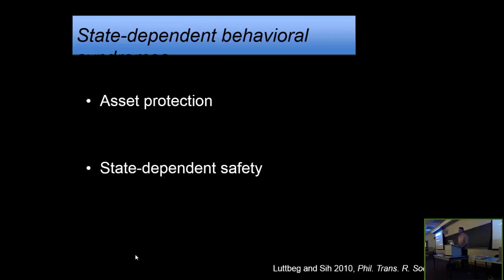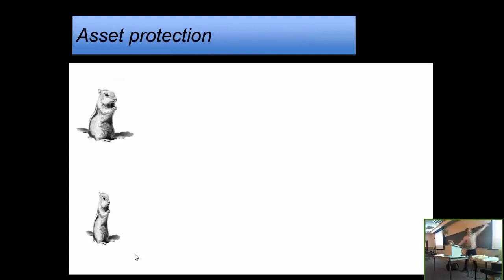And in looking at the impact of condition on behavior, there are two primary classes of hypotheses, asset protection and state-dependent safety. The idea behind asset protection, we can look at two different squirrels here, a nice big fat squirrel in good condition and a skinny squirrel in low condition.